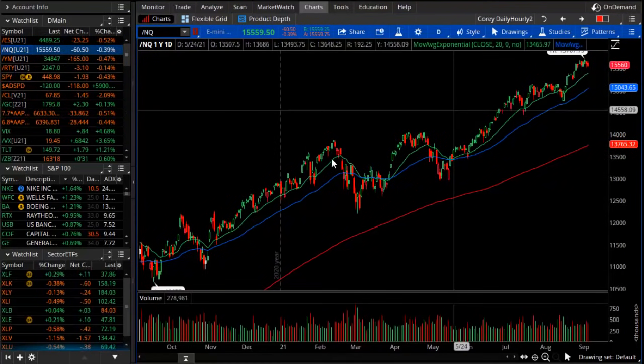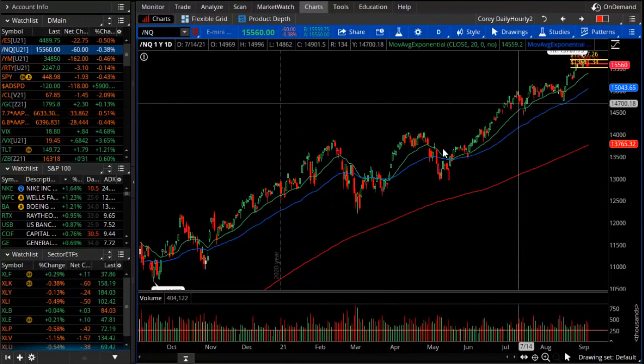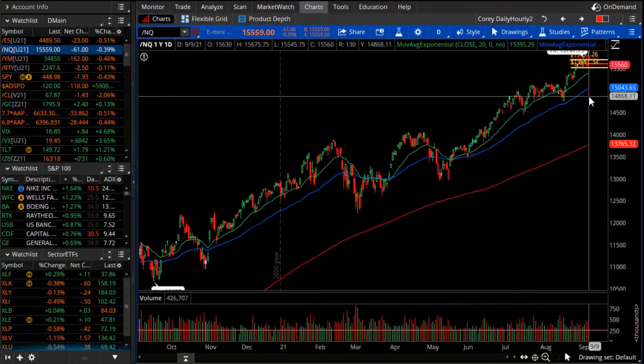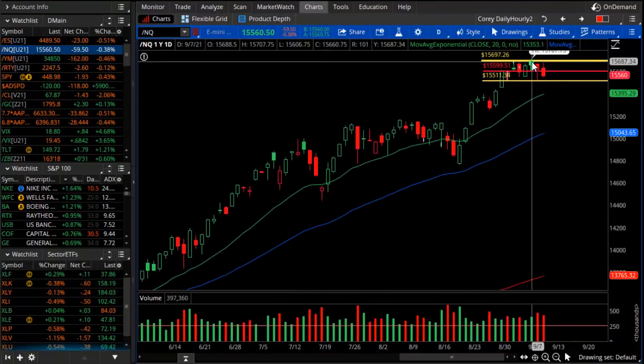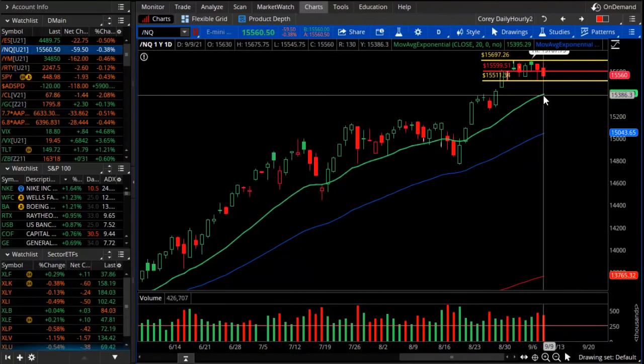Let's update the Nasdaq. In terms of the S&P pullbacks, which were a little smaller, the Nasdaq in 2021 has had bigger pullbacks, bigger retracements. And that's where we are at the moment, overbought, overextended, and pulling back from the Nasdaq's roughly 15,700 level.